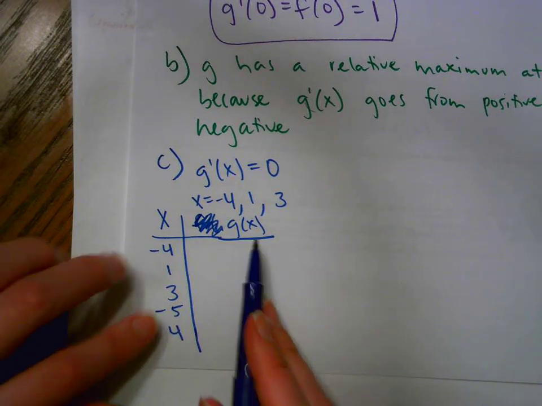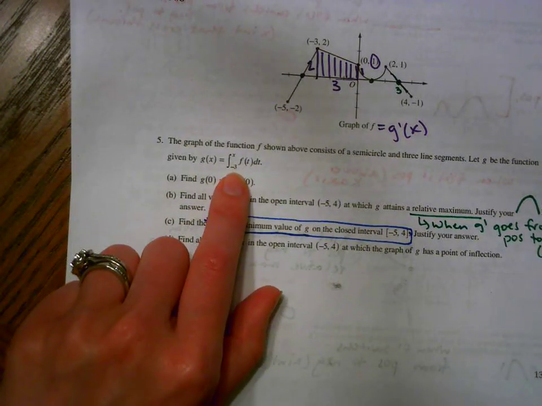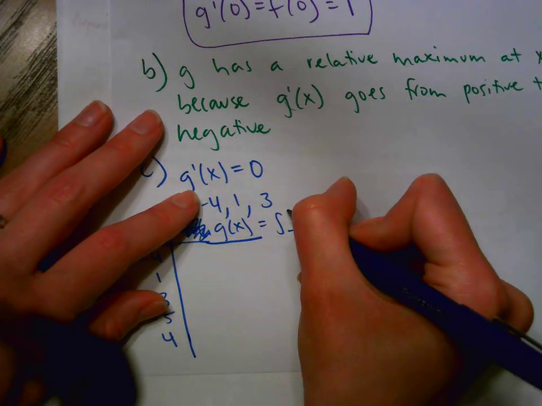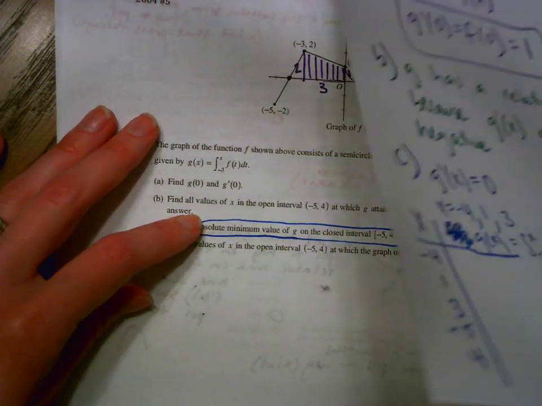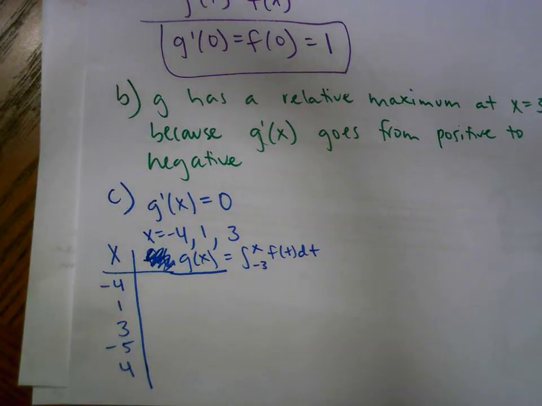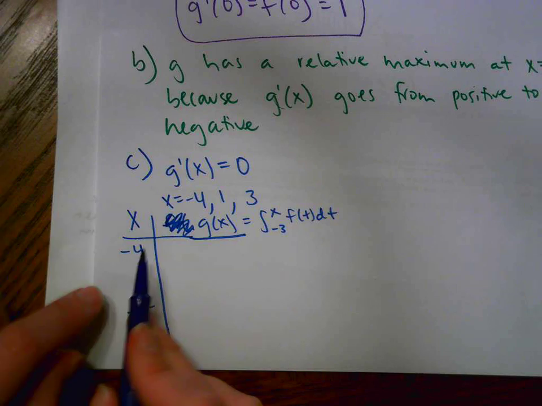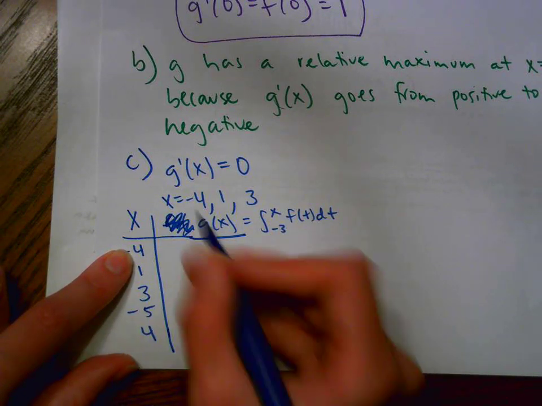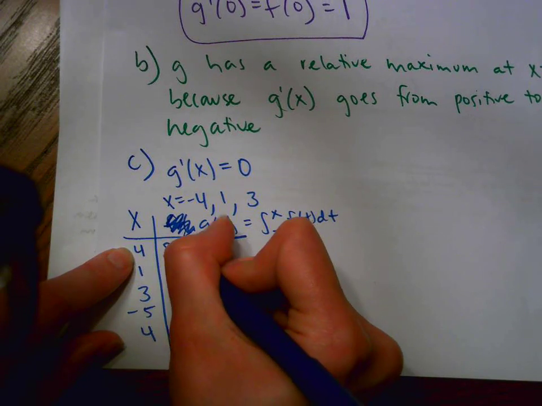And I'm plugging those into G. And what is my G function? It's this integral, right? It's the integral from -3 to x of f of t. So I'm going to be plugging these in for x, not for t, just for the boundary. So from -3 to 4.